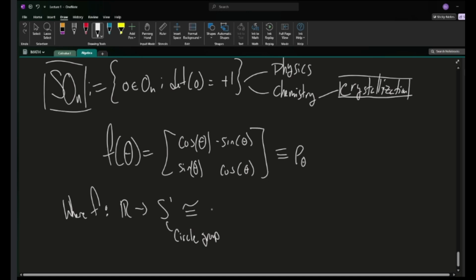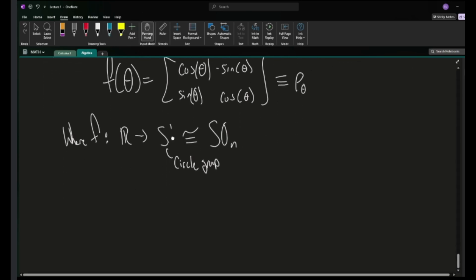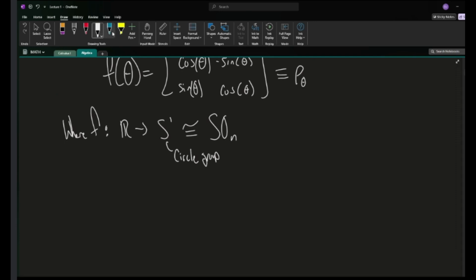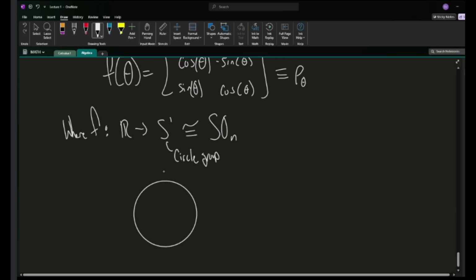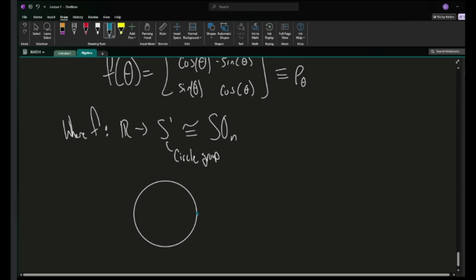And the circle group is in fact congruent to the special orthogonal group. That's because if we take any value on the circle, you could translate it or reflect it all you want, but kind of similar to what Kirby said actually.